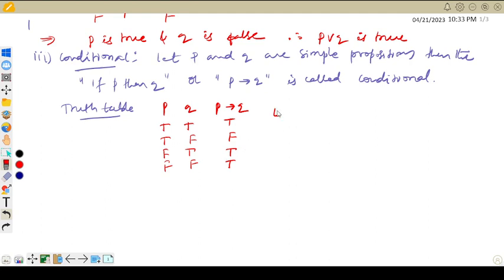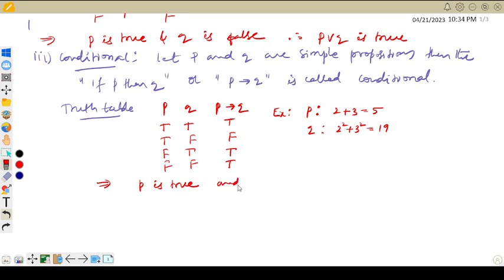Let me take an example, students. P is 2 plus 3 is equal to 5 and Q is 2 square plus 3 square is equal to 19. This implies that P is true.